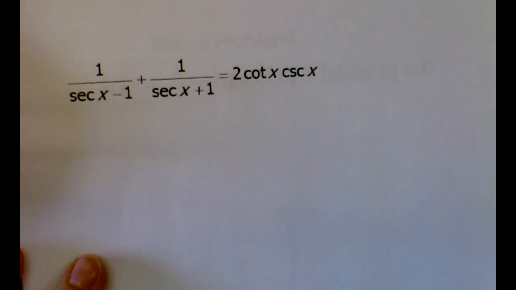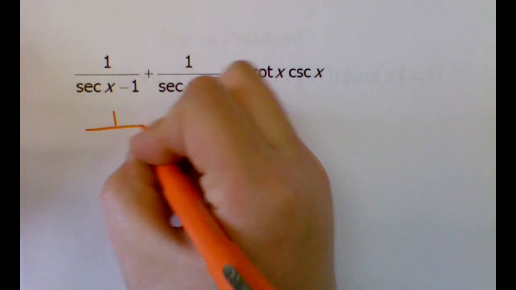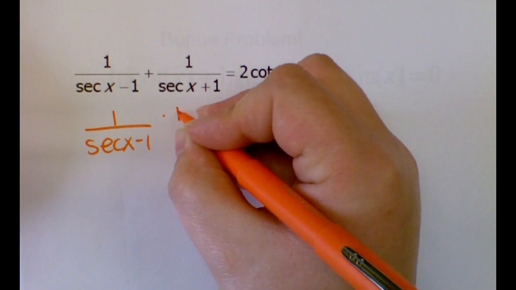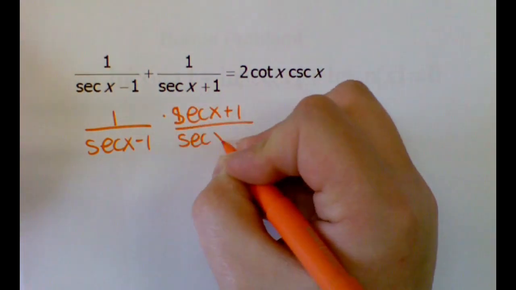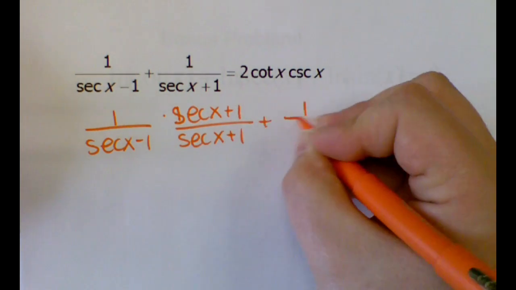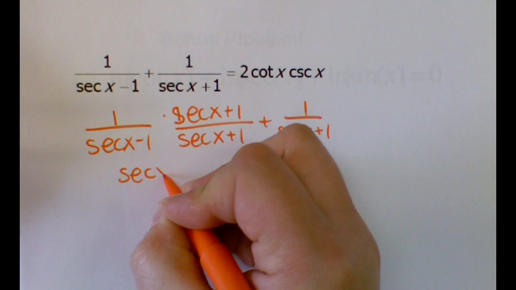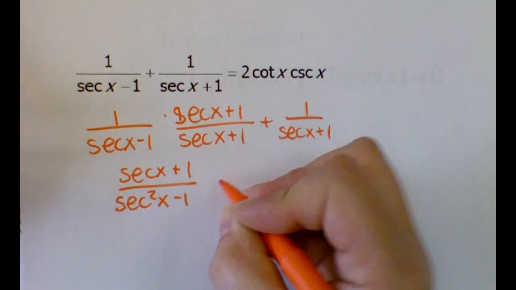There's always a way. All right, this one, again, I would get that common denominator situation. So first fraction, I'm going to multiply by the conjugate. Oops, secant of x plus 1. There we go. That gets me secant of x plus 1 over secant squared of x minus 1.